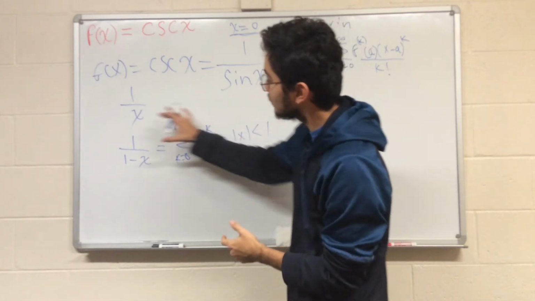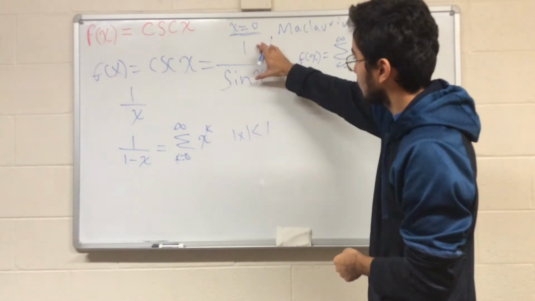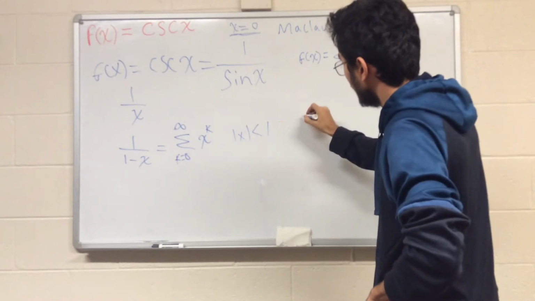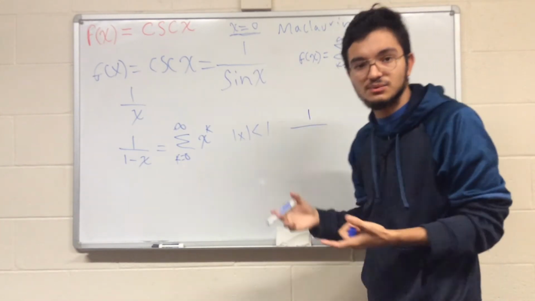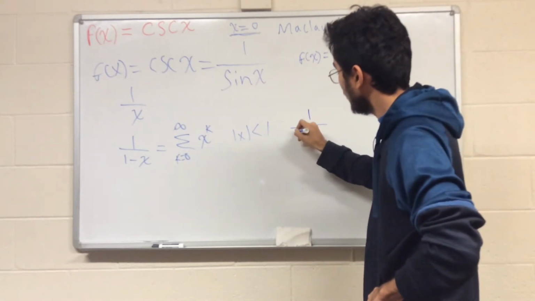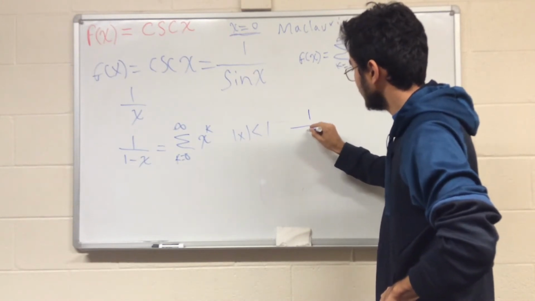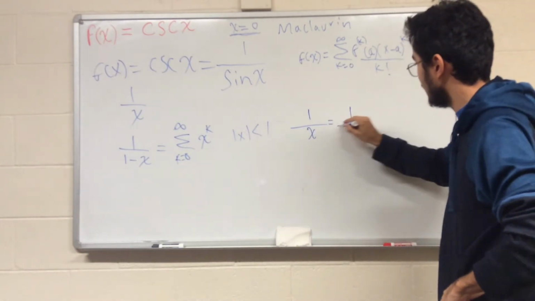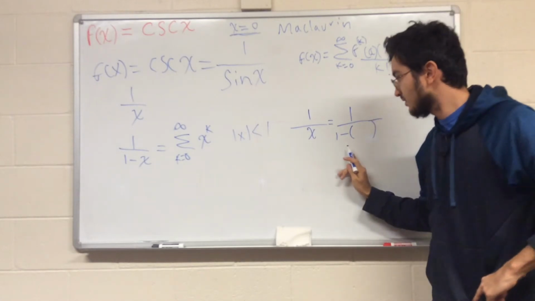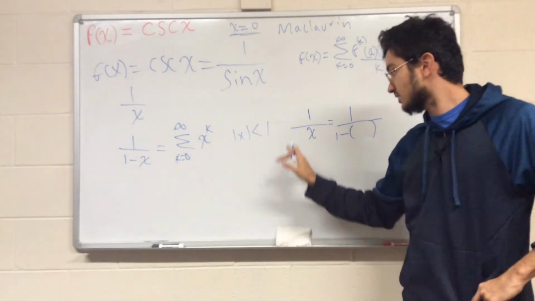Then we can manipulate this expression so that we get something like 1 over sine x. So let's see what we could do. If we just do a direct substitution, 1 over x is going to be 1 over 1 minus something, and we have to input something so that it looks like 1 over 1 minus x, but when we simplify we get 1 over x.